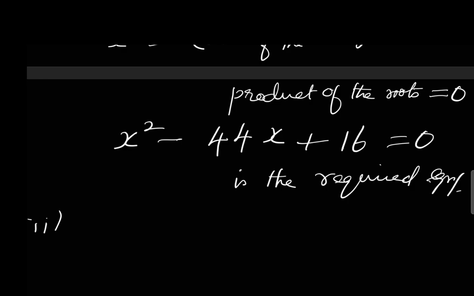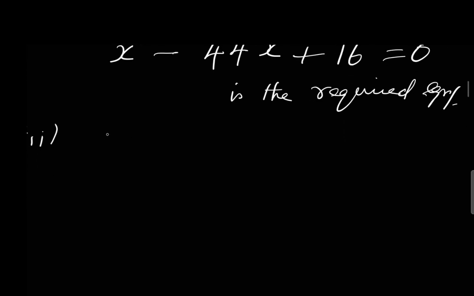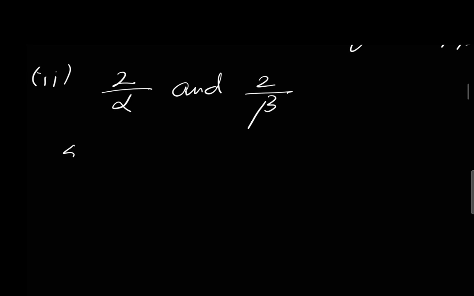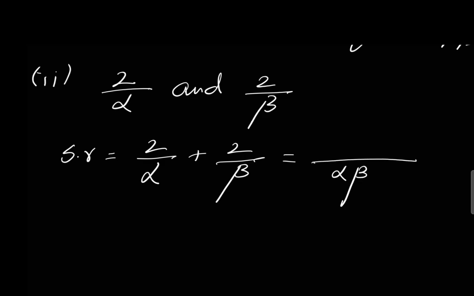Come to the second sum. Form the equation whose roots are 2 by alpha and 2 by beta. First find the sum of the roots: 2 by alpha plus 2 by beta. So here alpha beta is the LCM. No common term, so I write both as LCM. Alpha goes off, remaining beta, already 2 is here, so 2 beta, plus beta goes off, alpha remaining, 2 is here, so 2 alpha.